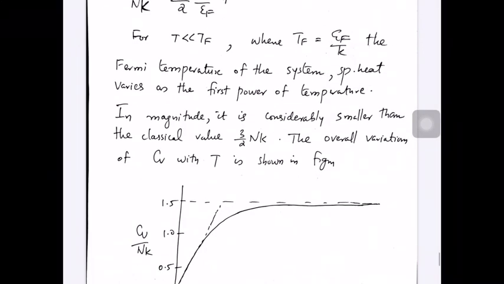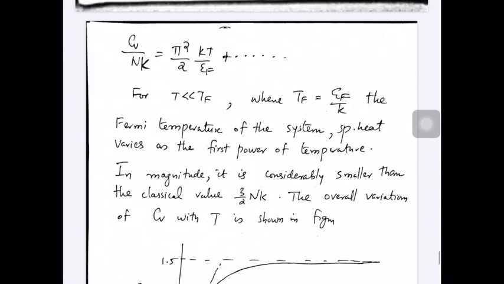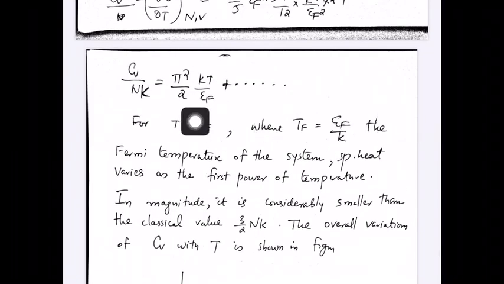So CV by Nk is pi square by 2 kT by epsilon f plus a series. And here, for our convenience, we define a temperature called the Fermi temperature, which is epsilon f by k, Fermi energy by k.